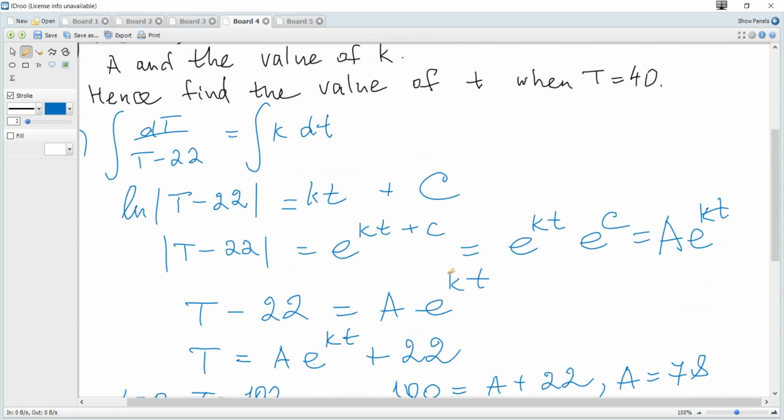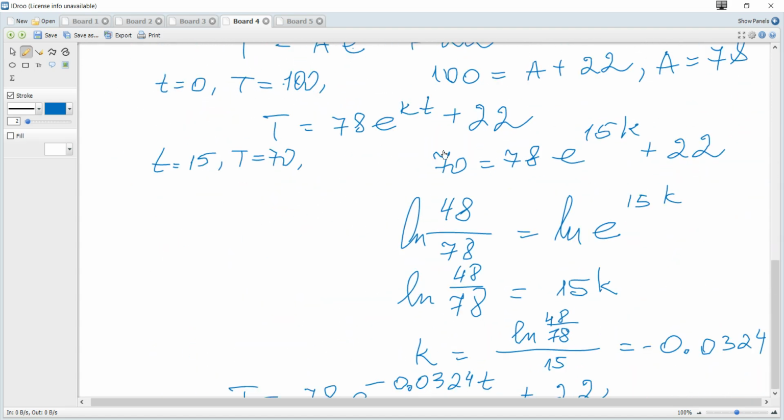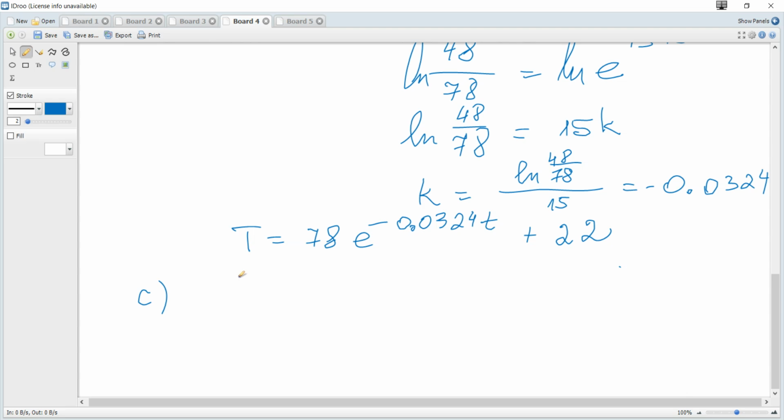And the last question: find the value of t when the temperature is 40. So the temperature is 40, and solve for t.